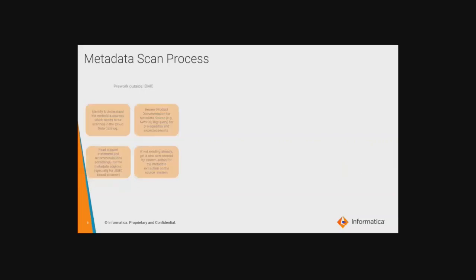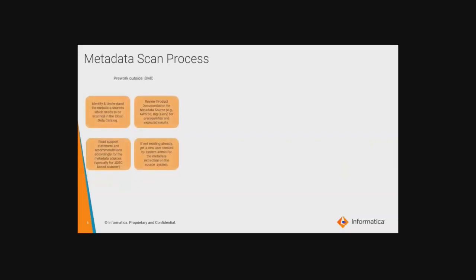The first part is the pre-work outside the Informatica Data Management Cloud. At this point, we are not looking in the tool itself, but we are doing some initial work prior to scanning the metadata. The first thing is identifying and understanding the metadata sources which need to be scanned.